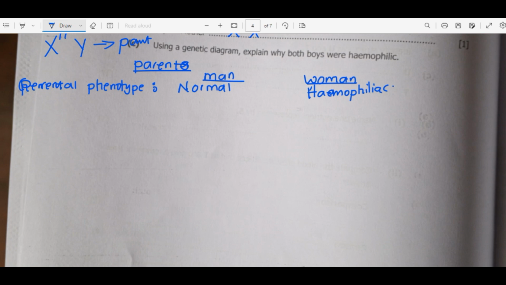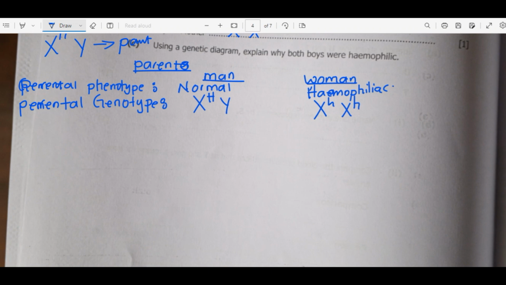After parental phenotype, we can look at parental genotype. For the man, it is XHY. Then for the woman, we are going to put small letters since the case was a patient.